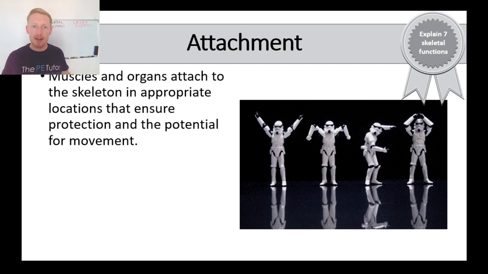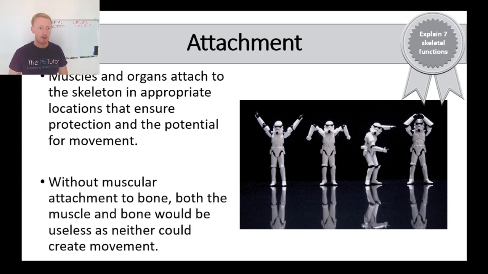It's this frame which everything can be attached and hung and positioned on top of and around. Without the skeletal system, everything else would just fall to the floor in a bundle of flesh, blood, muscle, and, well, God knows what else. So, movement, achievable through attachment.